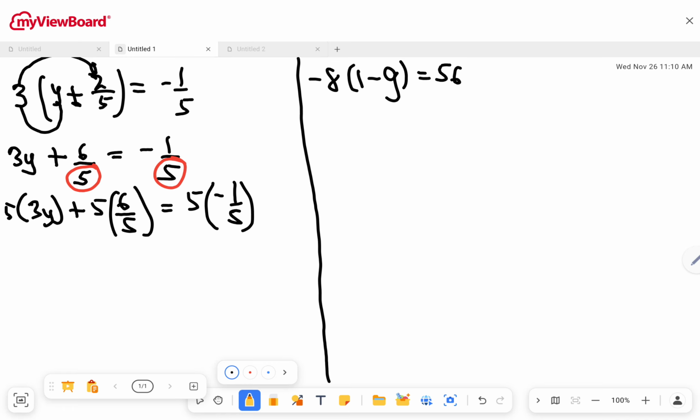Now 5 times 3y is going to give us 15y. Then you bring your plus sign. This 5 here is going to divide this 5, so we are still going to have 6 is equals to, this 5 here is also going to divide this 5 here, so we are going to have negative 1 here. Now we don't have any fraction or any denominator in the equation that we are seeing now.